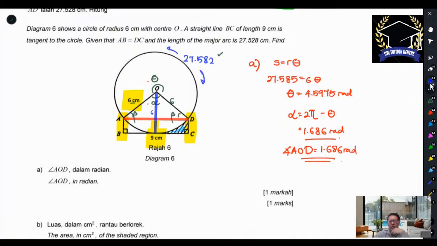All right. So I can find the area of the whole sector. Okay. And then I minus off this triangle. Then I will get this red color.